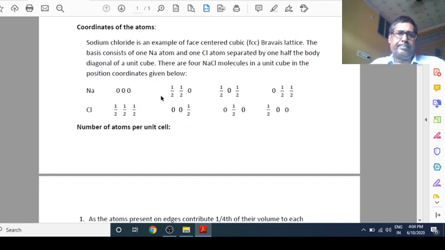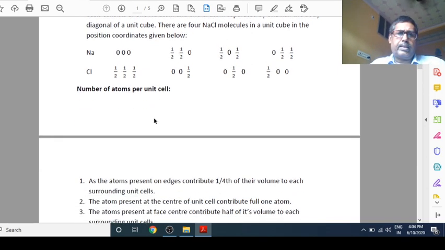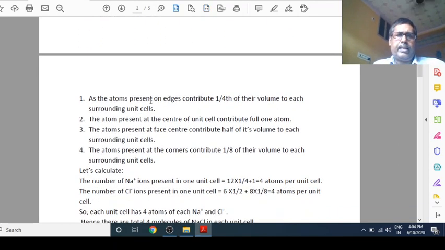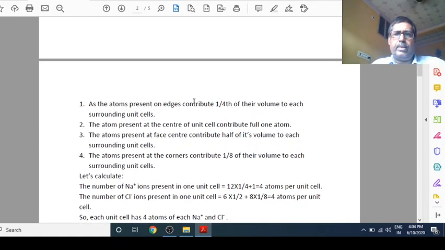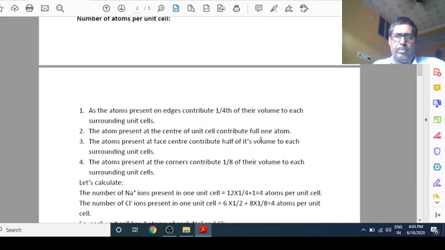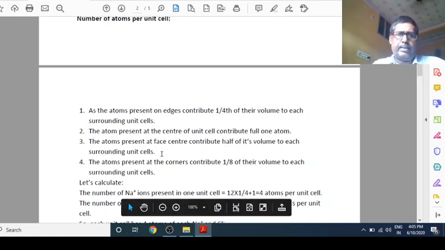solid atoms. Now we will discuss about number of atoms per unit cell. The atoms present on edge contribute one-fourth of their volume to each surrounding unit cell. The atoms present at the center of unit cell contribute full one atom because it is not surrounded by any other cube. The atoms present at face center contribute half of its volume to each surrounding unit cell.